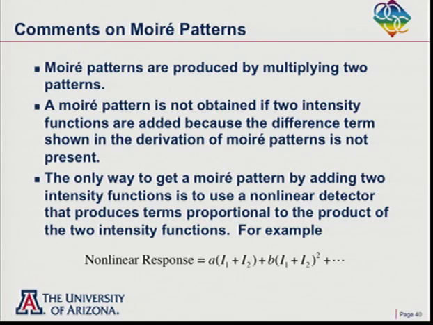That's because your eye is a nonlinear detector. And so when you do the nonlinear detection, you introduce terms that are proportional to the product of the two intensity functions. So in this case, you have to resolve the individual frequencies. When you're doing the difference, you don't have to involve the individual frequencies. You just have to be able to resolve the difference between the two.